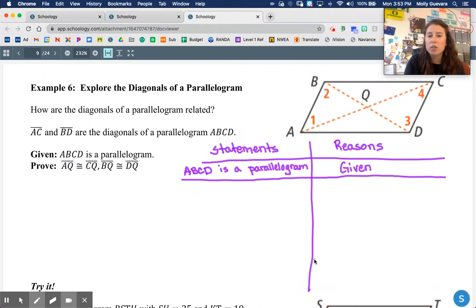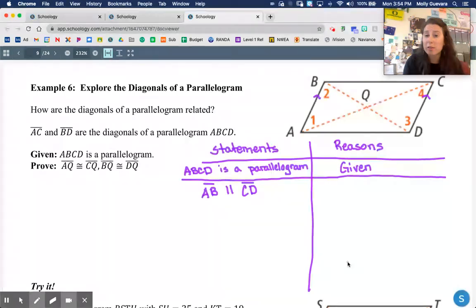Okay, so because ABCD is a parallelogram, I can say that side AB is parallel to side DC, or CD, either way. This side is parallel to this side. And then the reason, why can I say that?